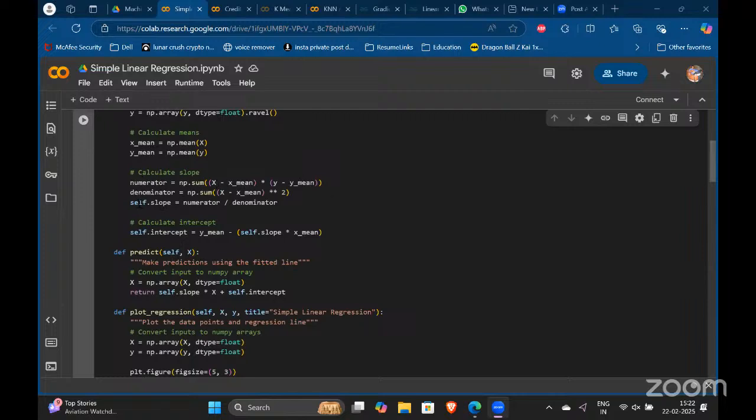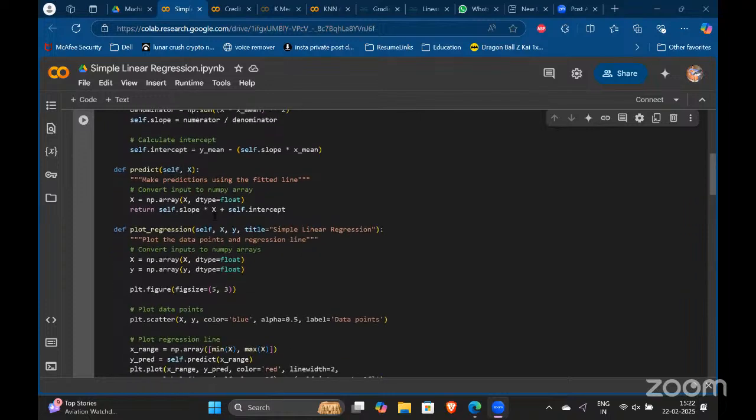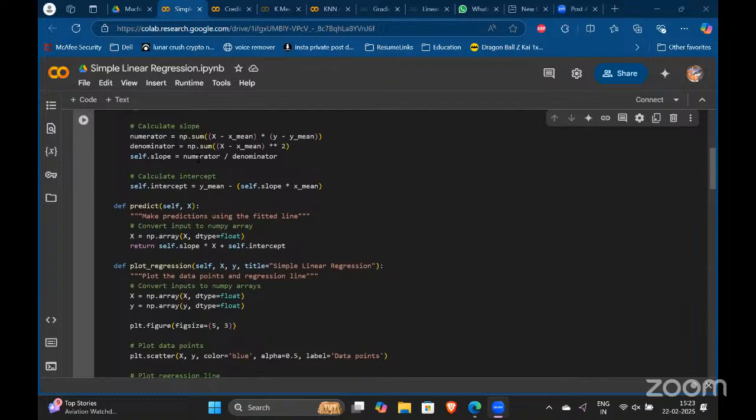I'm calculating the slope value, which is the sum of x minus x mean into y minus y mean, and the denominator is x minus x mean whole squared. Now we'll calculate the intercept. You got the slope, numerator by denominator, which is a1. And now we are trying to find the intercept value, which is y mean minus self.slope into x mean.